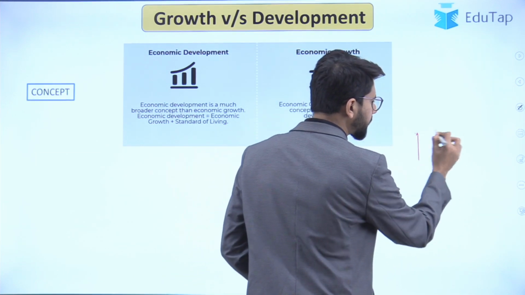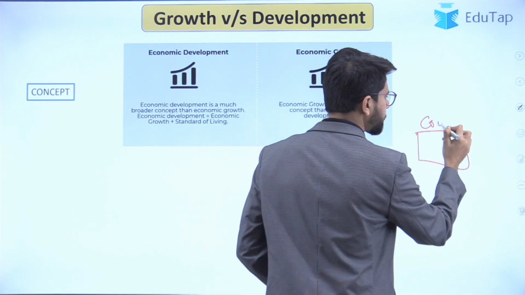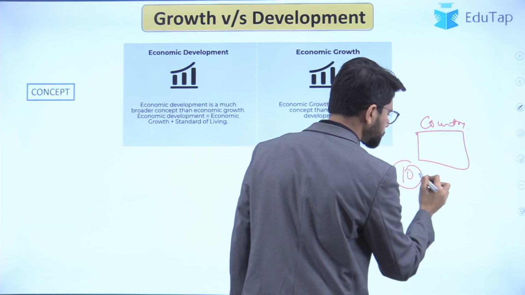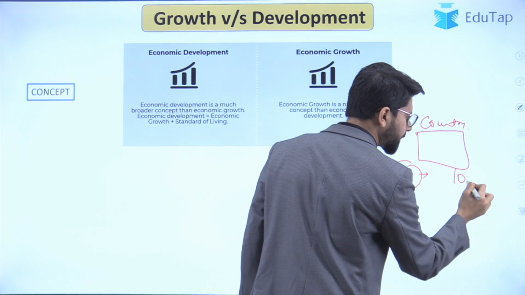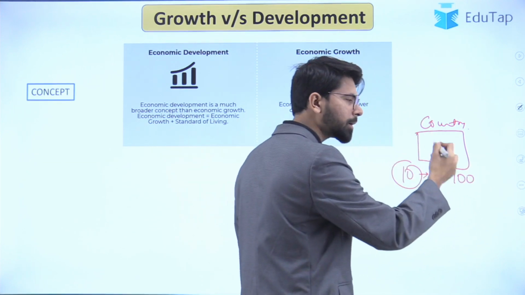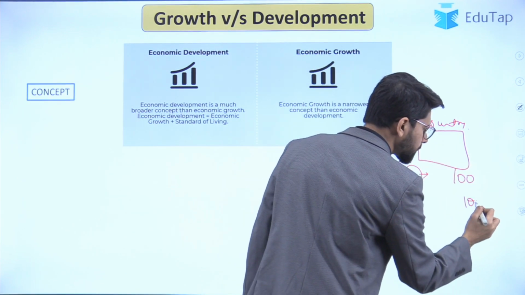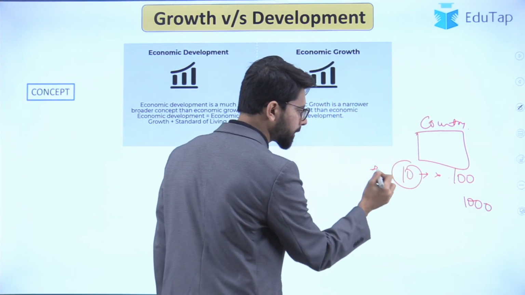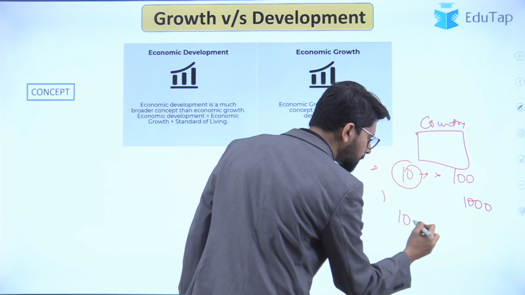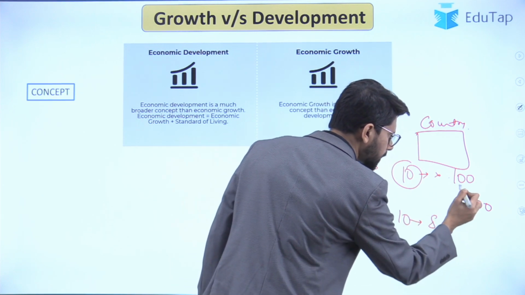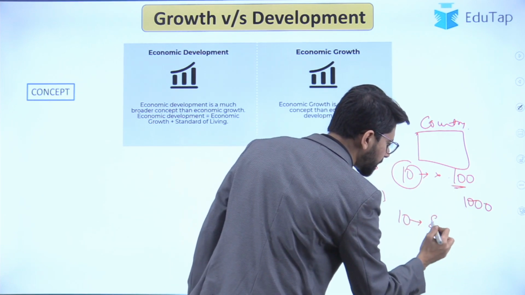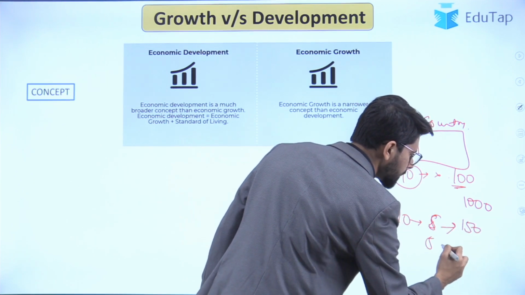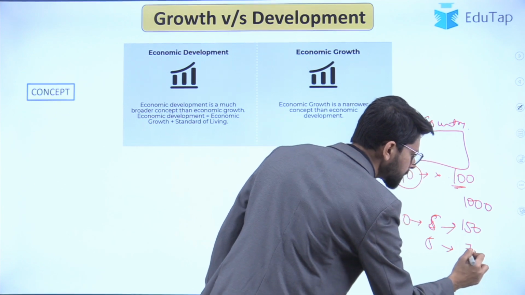Suppose in a country, just a hypothetical example, there are 10 people and everyone is earning 100 rupees, then the income of this country would be 1000, that is 100 into 10. Now suppose this is in one particular year, and next year out of these 10 people, 5 people are earning around 150 rupees and the other 5 people are earning 70 rupees.